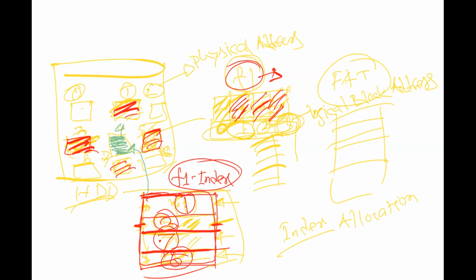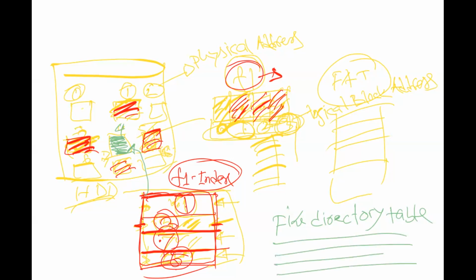From the beginning, I told you there is another table called the file directory table. What does the file directory table contain? It has an entry for every file you create in your computer.